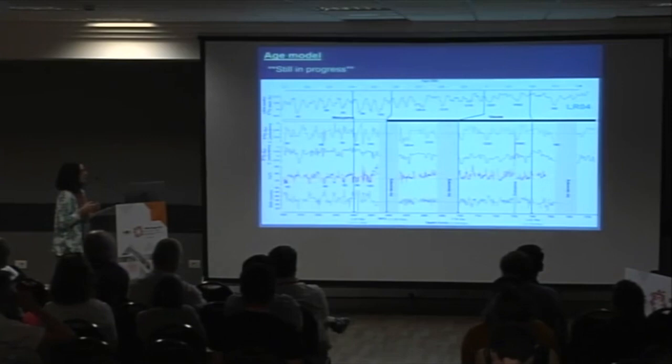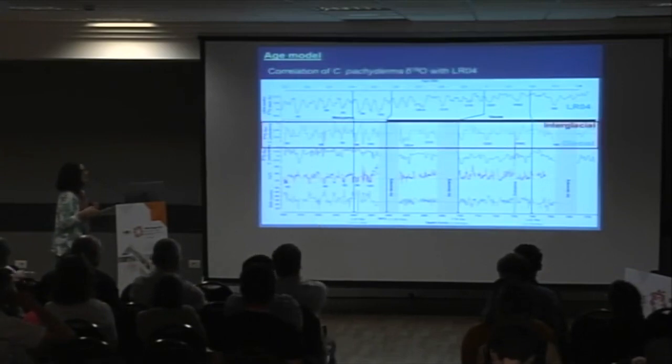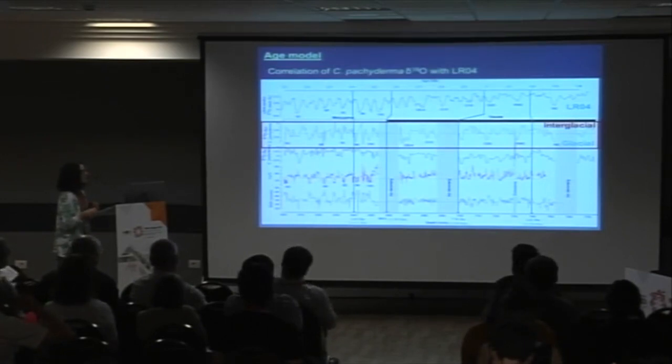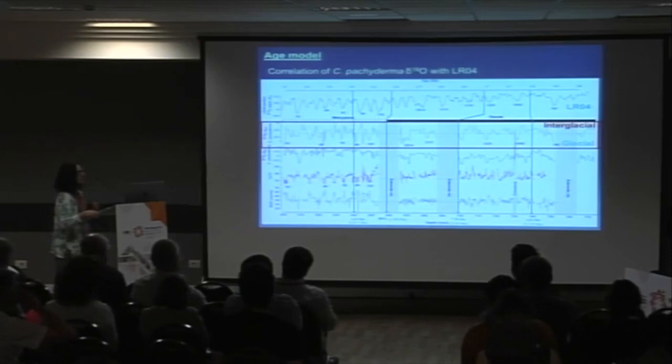The age model for this interval is still in progress, but basically we are correlating our Cibicidoides pachyderma, which is a benthic foraminifer, well, the delta O18 from this species, with the Lisiecki and Raymo record. So far we still don't have the resolution we would like to have, but we have a fairly robust age model.